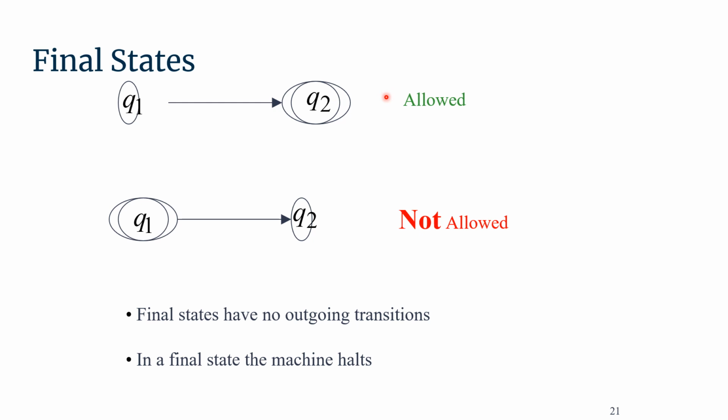This is allowed. What is not allowed is an outgoing edge having some transition from the final state. In this type of problem, the machine halts.